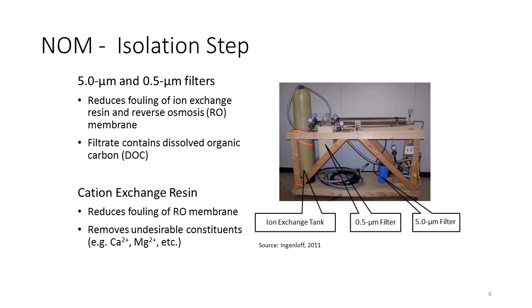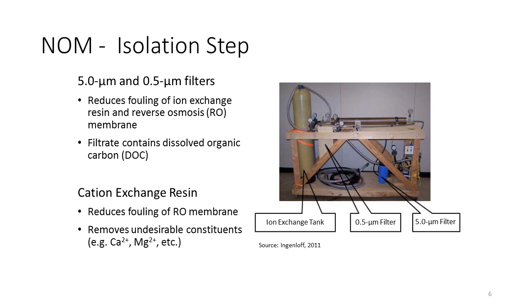And the resin that we used here is a hydrogen form strong acid cation resin. The reason you do that is that any other cation that would be released in this step would then be concentrated along with the natural organic matter, and then potentially precipitate out in your reverse osmosis membrane because of the hardness of the water.